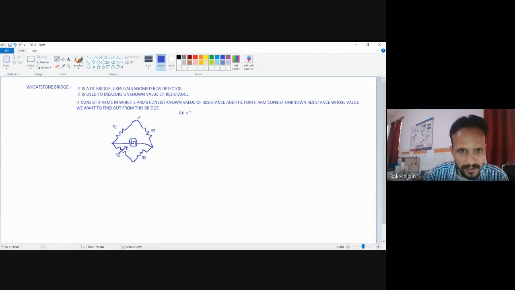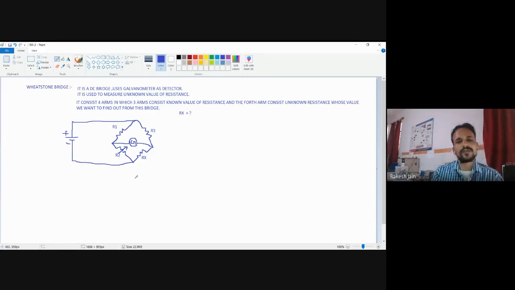So the DC supply is connected over here, in which the plus sign is on the upper side. So this is the circuit of the Wheatstone bridge.